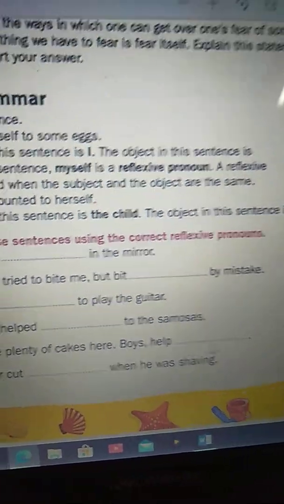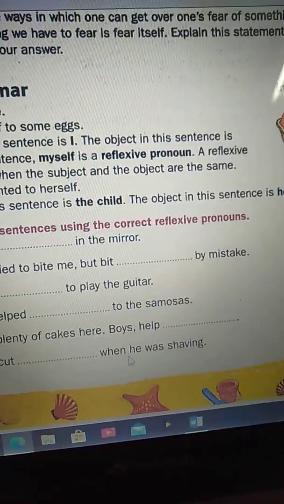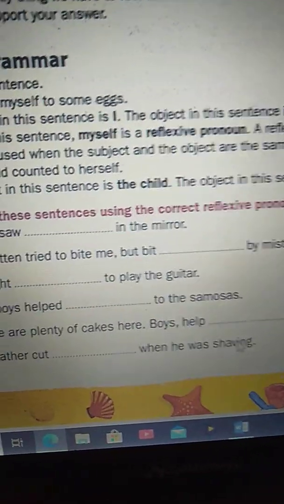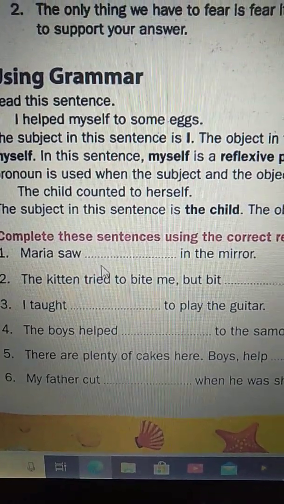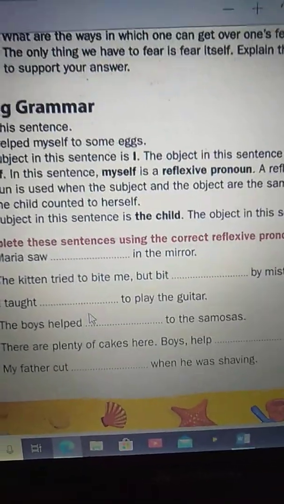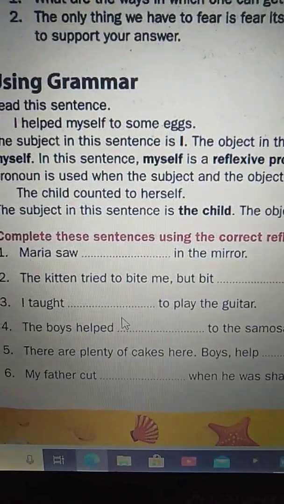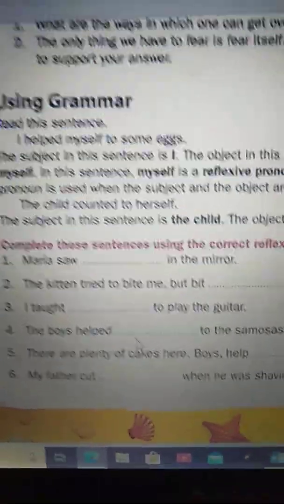Boys help dash. And sixth one. My father cut dash when he was shaving. So I'm asking you all to finish these blanks using reflexive pronouns. Okay, children? And I am expecting your answers through WhatsApp. Okay.